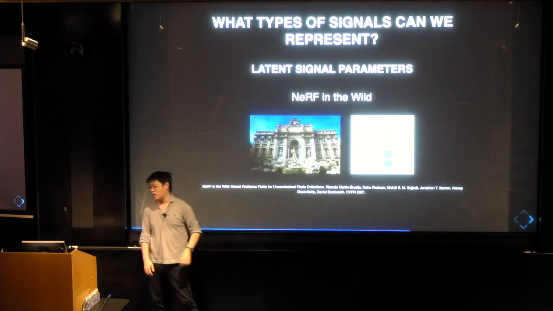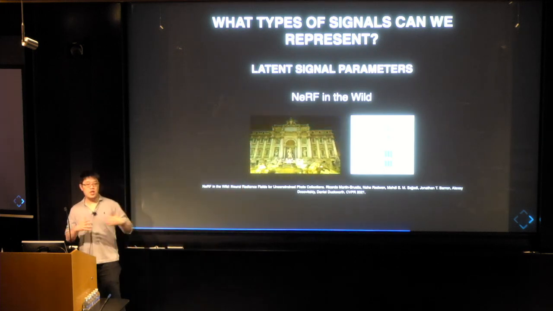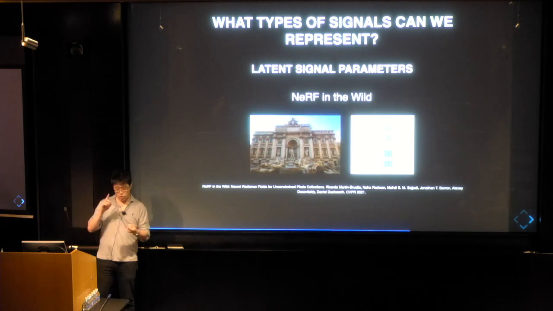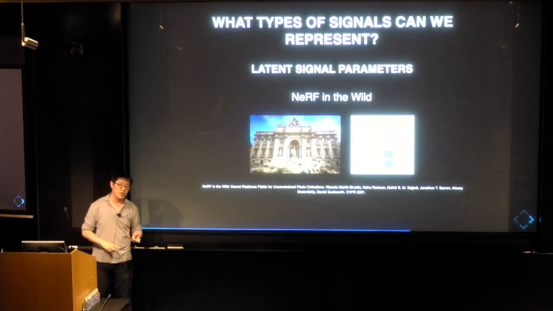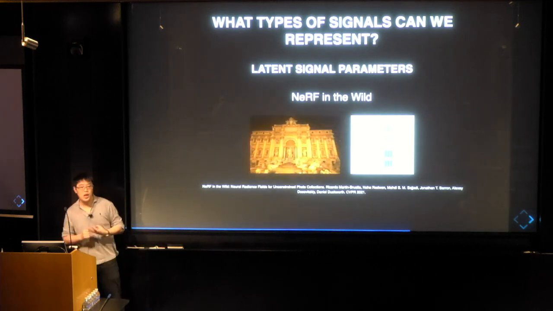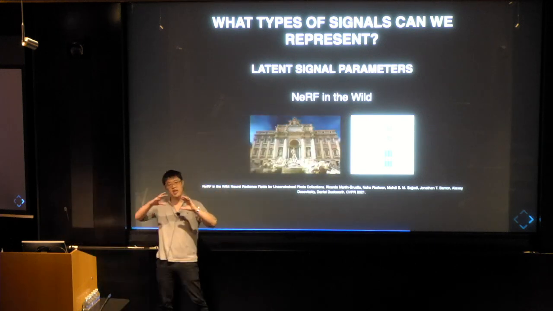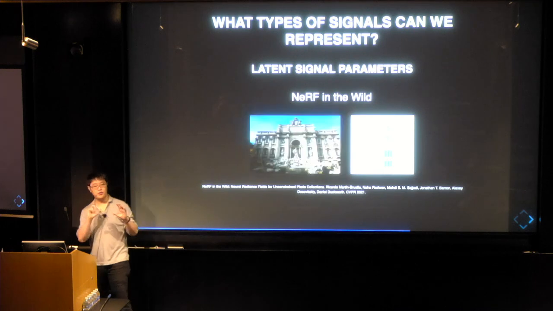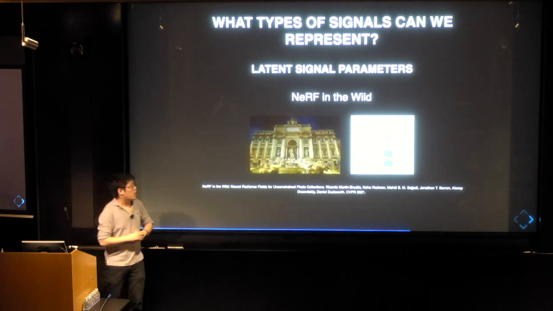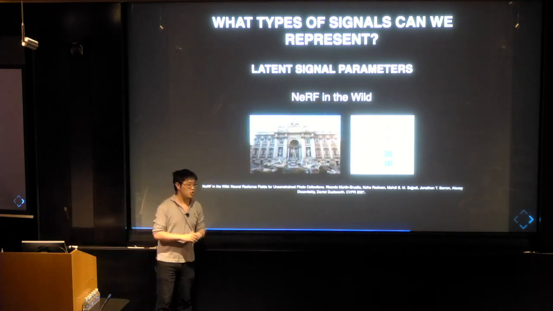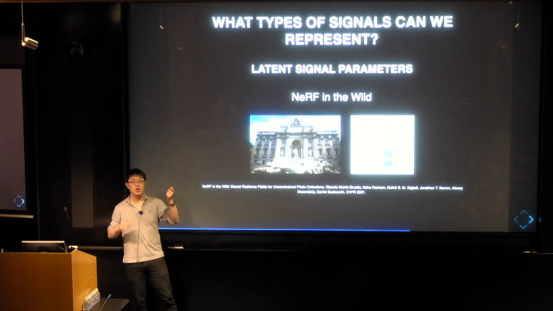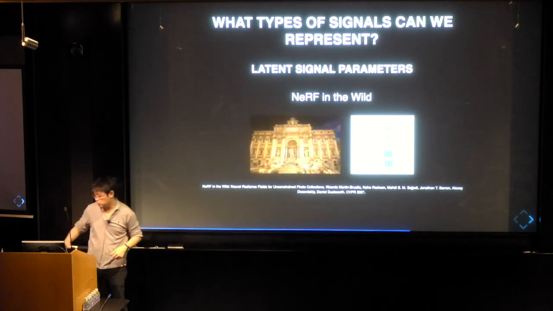So this is an example of where they did this. They take all kinds of photos taken by tourists, so they don't know the exact camera that was used, they don't know the exact direction, there's some divergence in the time of day and so on, and then they essentially learn two networks. One network that's shared between everything, and one network that is able to account for small deviations. And then you learn that well enough, and you're able to produce things like this, where you can control, to some extent, the appearance itself.